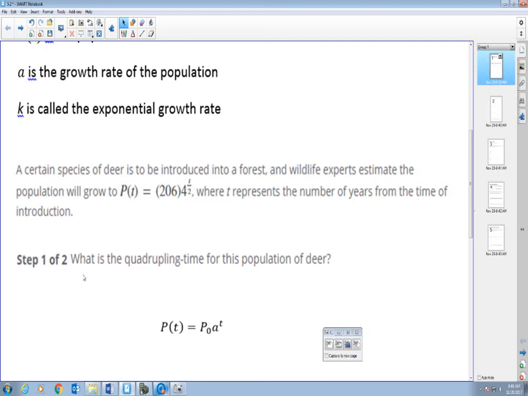The question asks, what is the quadrupling time for this population?